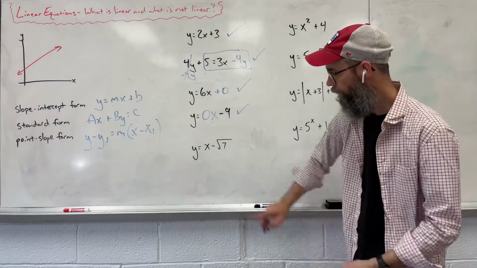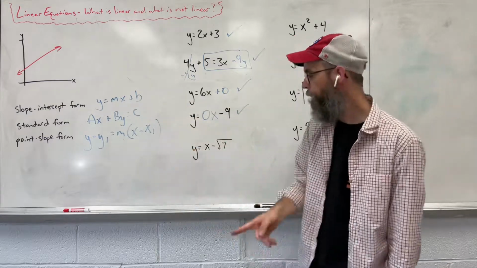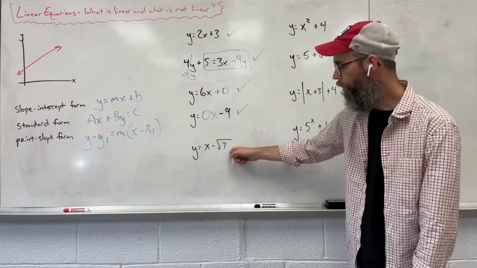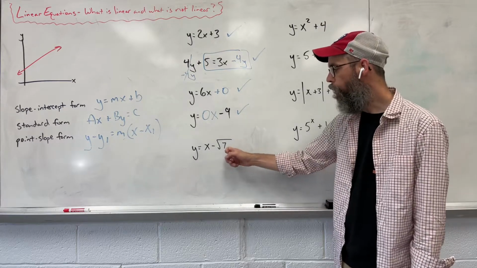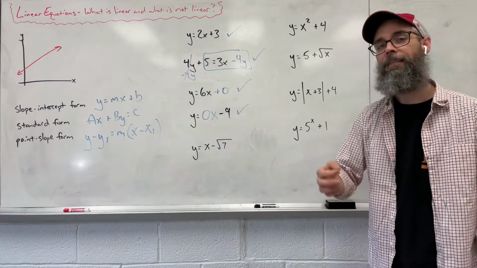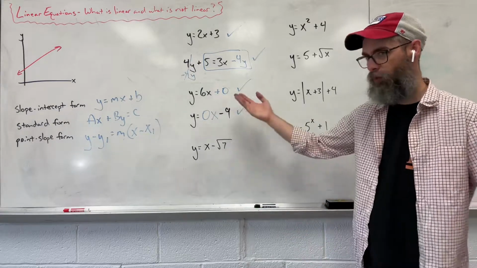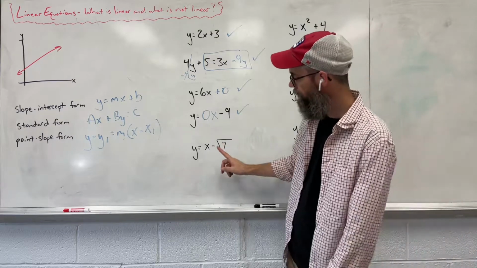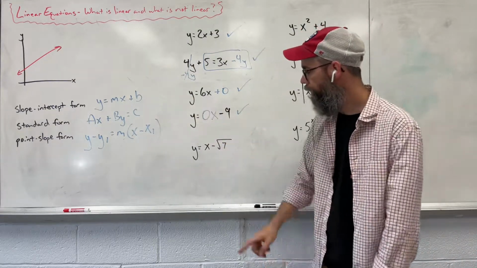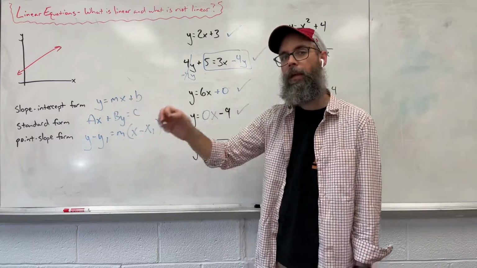Last one on here, I see a square root. I see no square roots in the forms, but a square root over a number just means a number. I don't really care what that value is, but I know it is a number. What times itself gives me 7? I don't know. Who cares? But does this still fall into this form? Well, I have y equals x times a number, and the form says y equals mx.